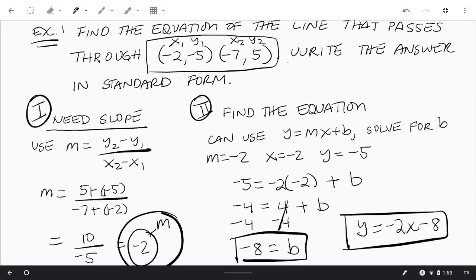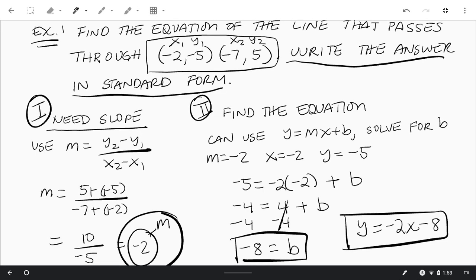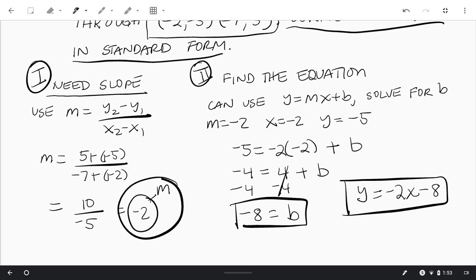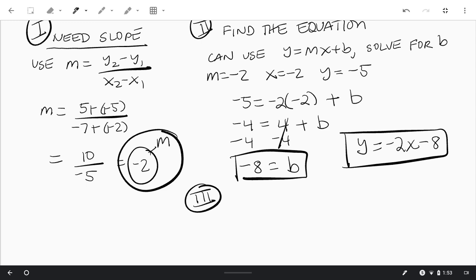Now it says this last bit right here, write the answer in standard form. So even though we've already done a lot of work to get here, we are actually not finished because they want us to write this in standard form, which means the x and the y term have to be on the same side.